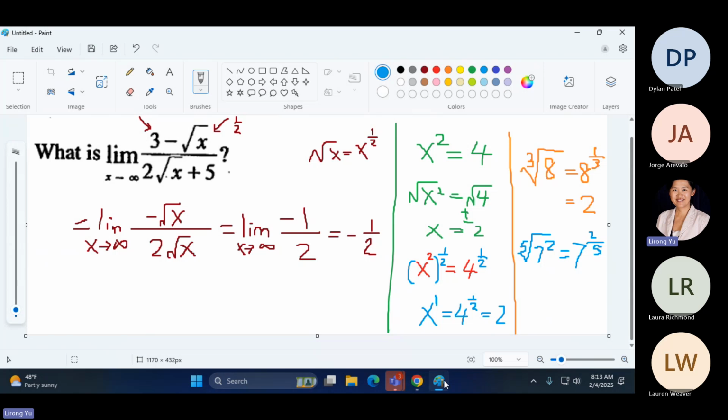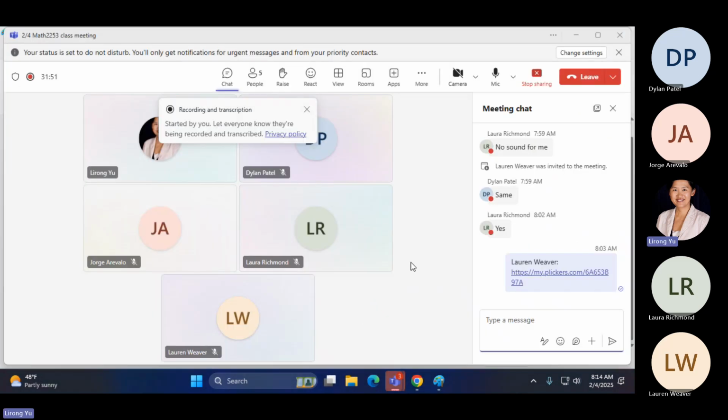Any homework question that you want to ask before we continue with chapter 2? Any question? Those of you attending online, do you have any question that you want to ask before we talk about chapter 2? Any question?